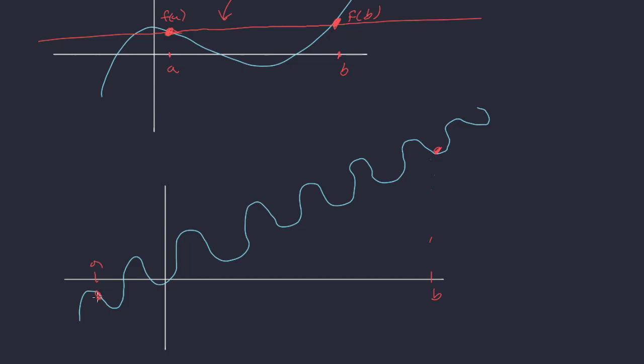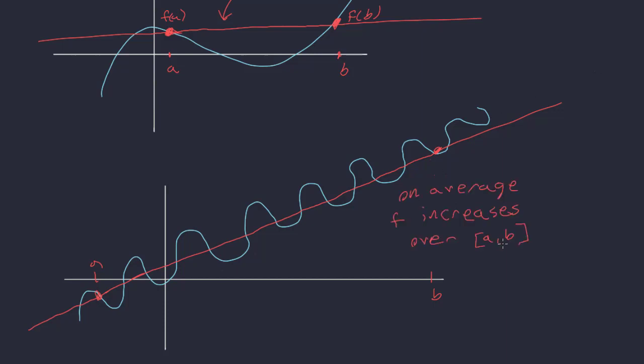Well, if we were to just draw a line between these 2 points, this gives us a really good idea of how the function changes on average, because based on this line, on average, our function f of x increases over a to b, right? It is slowly increasing. However, on a micro scale, we have increases and decreases.